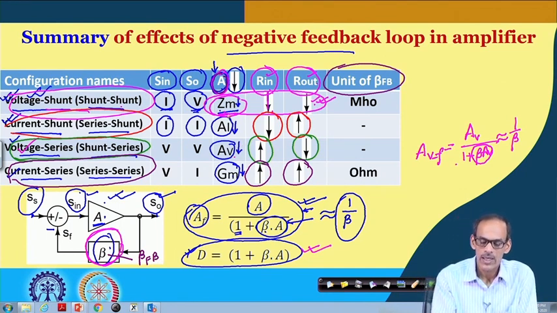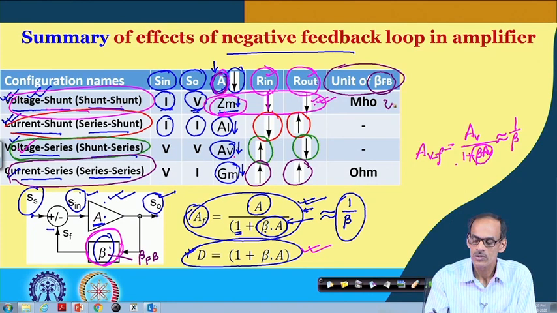So, if it is say Zm, the unit of beta FB is mho, and on the other hand, if A is transconductance, the unit of beta FB is ohm, and on the other hand, if A is either current gain or voltage gain, then beta FB is unitless.